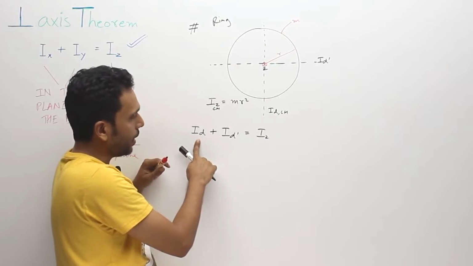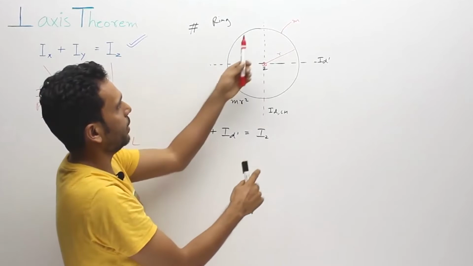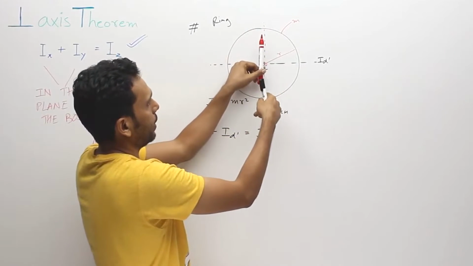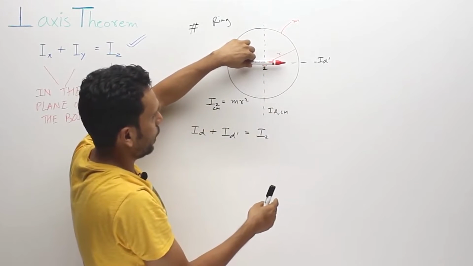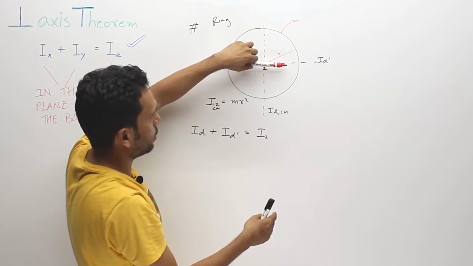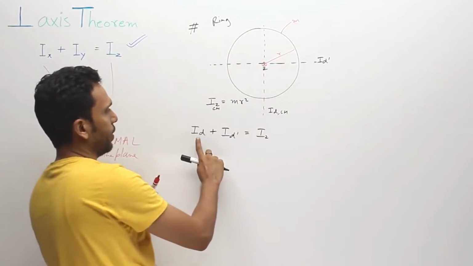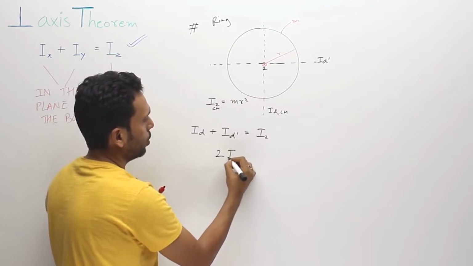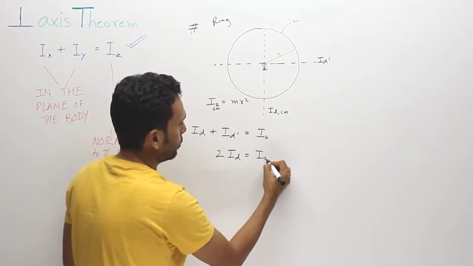But by symmetry, I can say that this value will be the same as this value, because had I done an integration taking this axis and did the distribution of the mass and x square added those, I'll get the same result because the distribution about these two axes is symmetric. So the value of this will be the value of that. Hence, we can write 2 I_D is equal to Iz. So that solves the question.